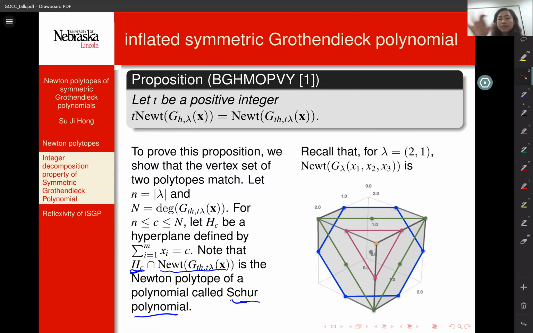In the same paper, we identified all the facet defining hyperplanes of the Newton polytopes of Schur functions using Rado's inequalities. Since we already know what the facet defining hyperplanes are for each of these layers, we use those hyperplanes to classify the hyperplanes that define the facets of these inflated symmetric Grothendieck polynomials.